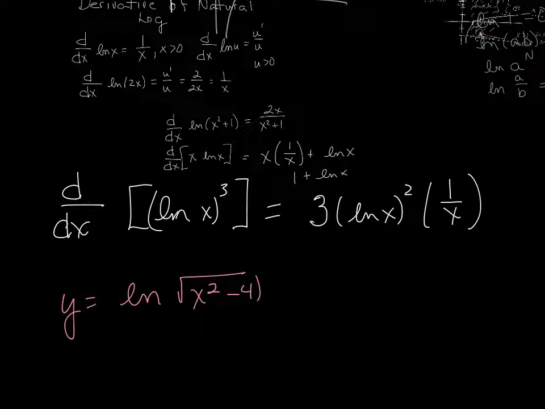We could make it the natural log of x squared minus 4 to the 1/2. Can we use substitution here? No substitution. What do I do with that 1/2? Put it in front of the natural log. Put it in front.